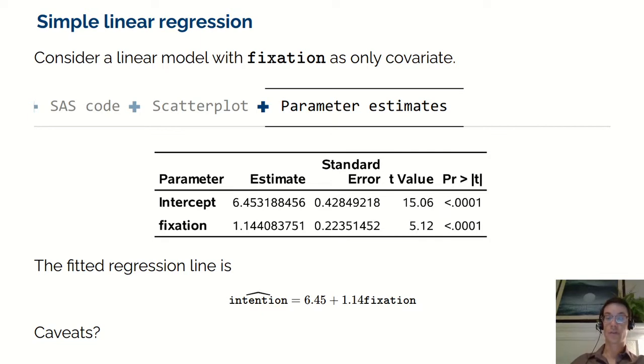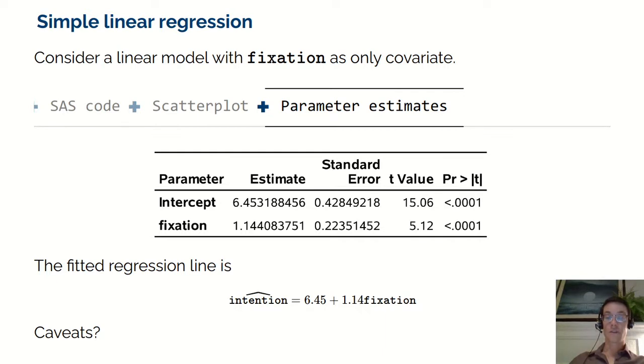So 6.45, that would be the average intention in the sample for a person who did not fixate the ad. And that is impossible because we only consider people who fixated the ad. So some people looked at the ad for a very, very short period of time. So here it's plausible that the overall intention would be 6.45, but it's extrapolating beyond the range of the data.